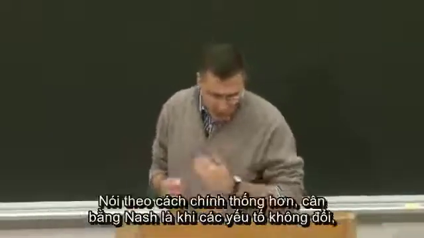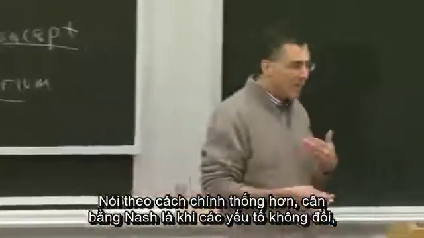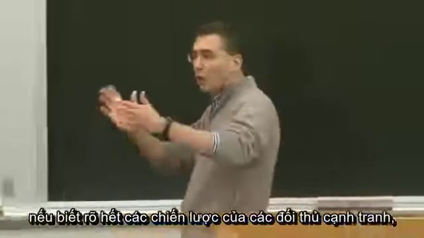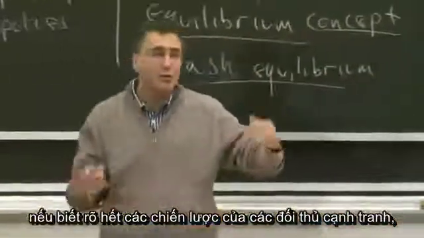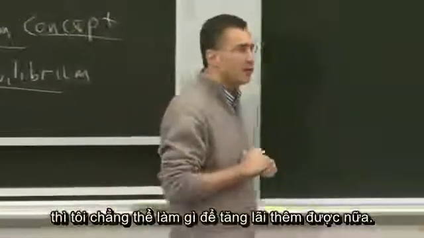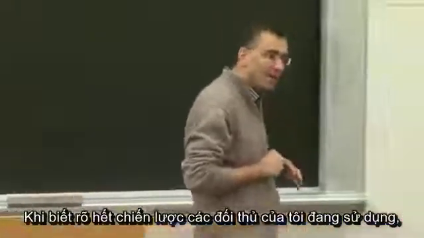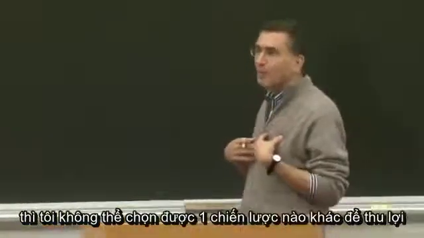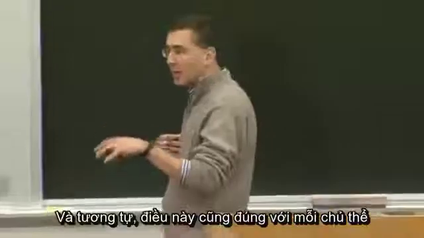In other words, more formally, holding constant the strategies that all your competitors use, there's nothing that I can do to raise my profits further. Given the strategies all my competitors are playing, there's no strategy I can choose that will make me more profitable than the one I'm choosing. And likewise, that'll turn out to be true for every player in the market.